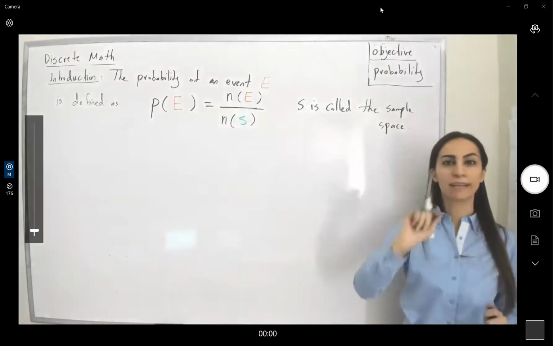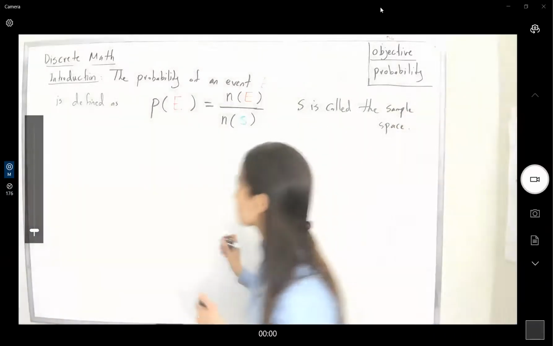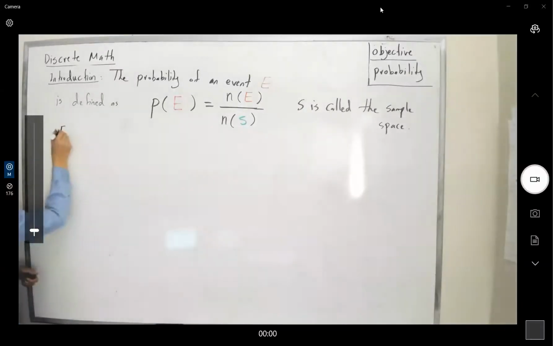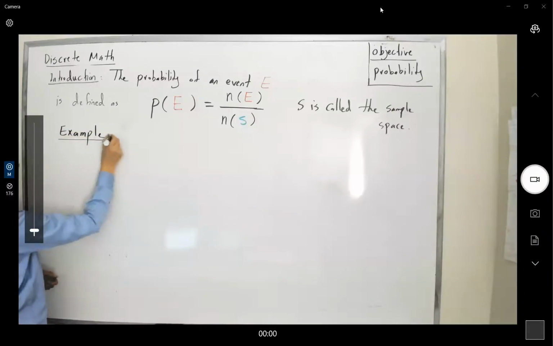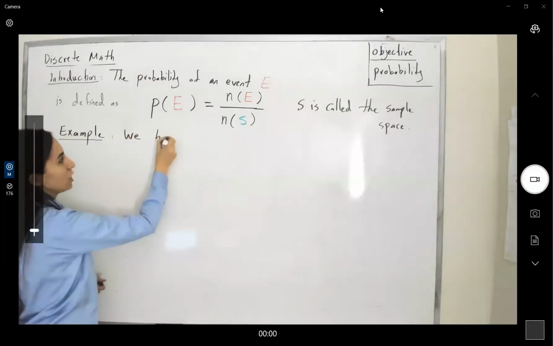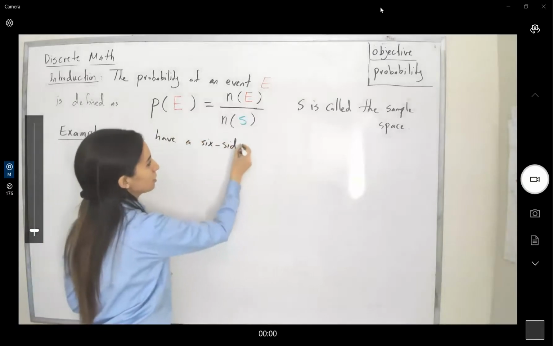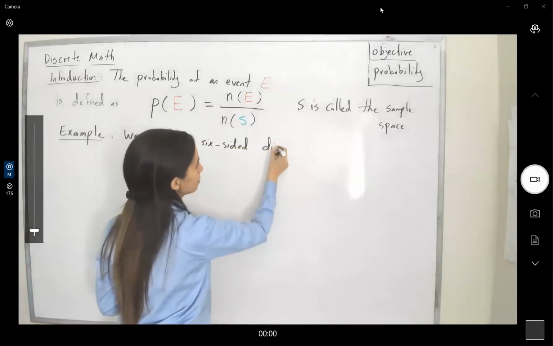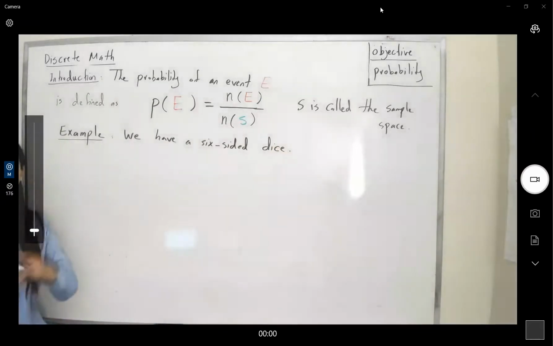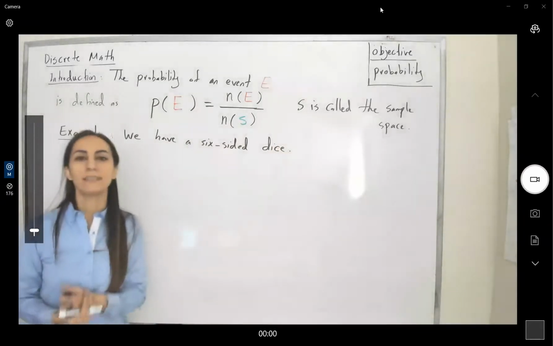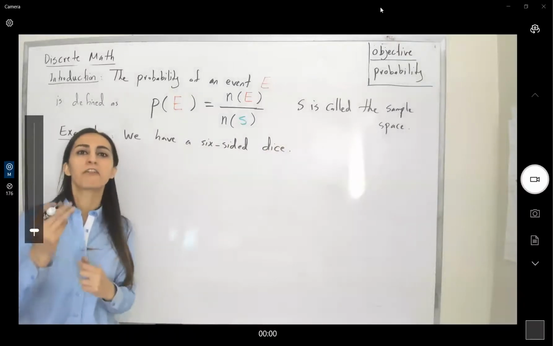Let us go over one example to feel more comfortable about these definitions. Example. We have a 6-sided dice. Suppose the question says, what is the probability of getting 3?